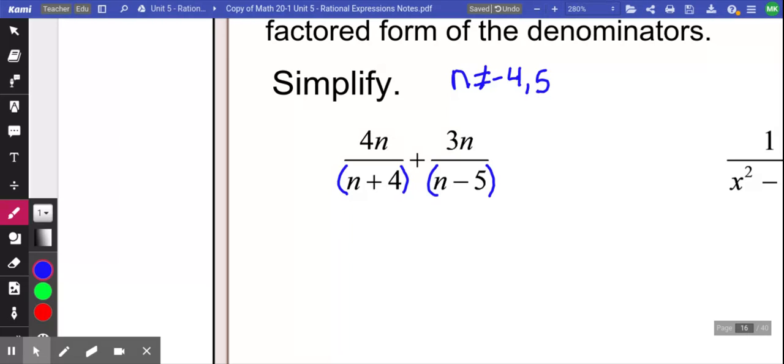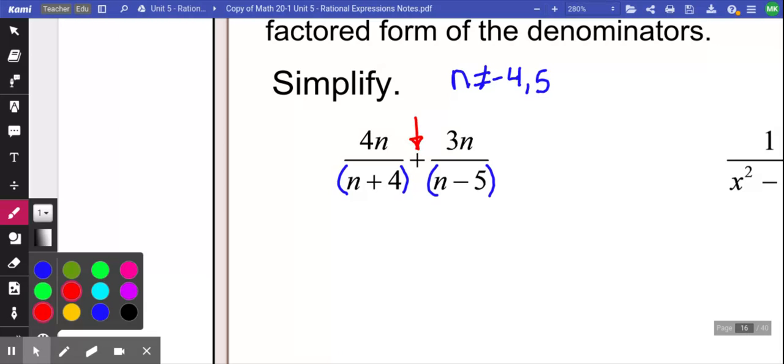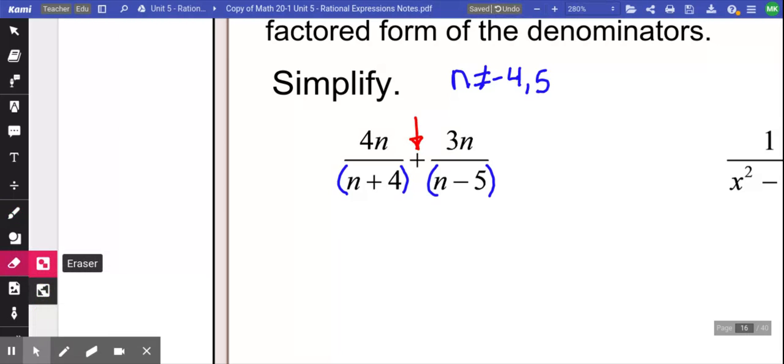Third thing, now we want to try to simplify this. Let's just remind ourselves what simplifying something means. It means we want to take these two fractions, we want to rewrite them as one fraction, and then we want to reduce that fraction as much as possible. To be able to write two things as one, when you're adding the fractions, we needed something called a common denominator.